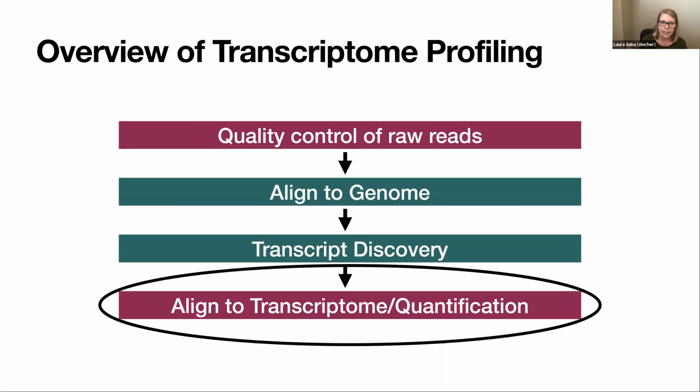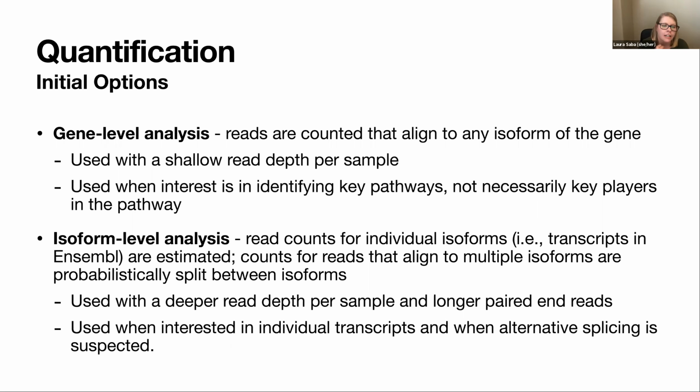And so then the last part in this transcriptome profiling is alignment to the transcriptome and quantification. Like we've talked about before, we can do this on the gene level analysis, or we can do it on the isoform level.